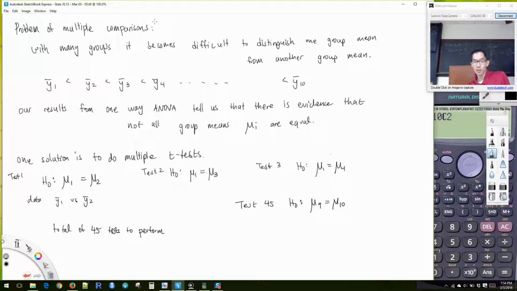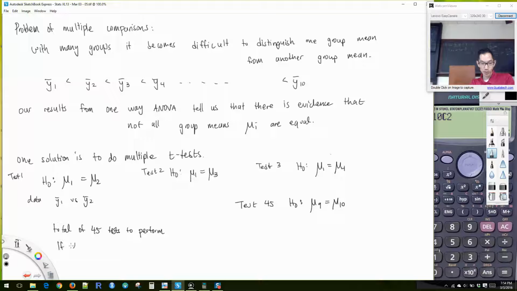And so you might say mu4 is different from mu5 when in reality they're not. That would be a type 1 error, when you've come to the conclusion that they're different when in reality they're not. Okay, so a total of 45 tests to perform.